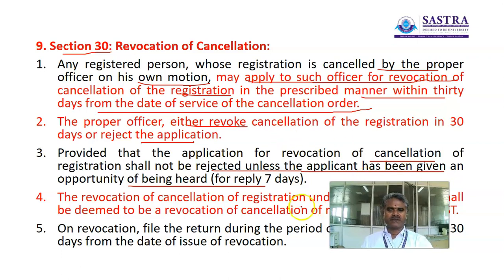Revocation of cancellation of registration under CGST shall be deemed: once you revoke your cancellation for CGST, automatically SGST also is revoked. You may use the previous number for your business. On revocation, file the returns for the period of cancellation within 30 days from the date of issue.